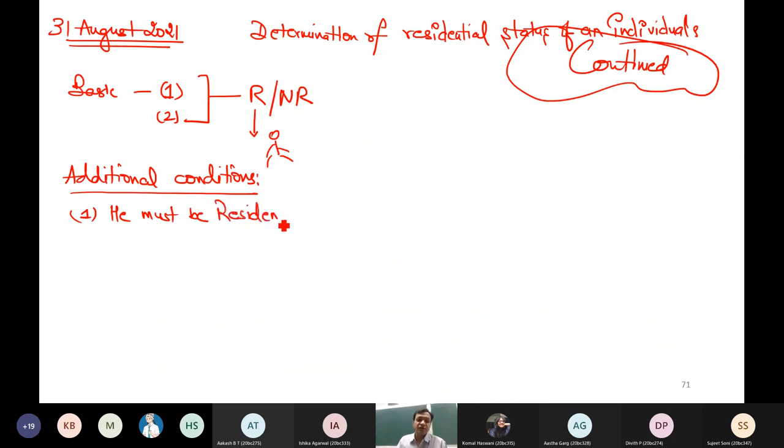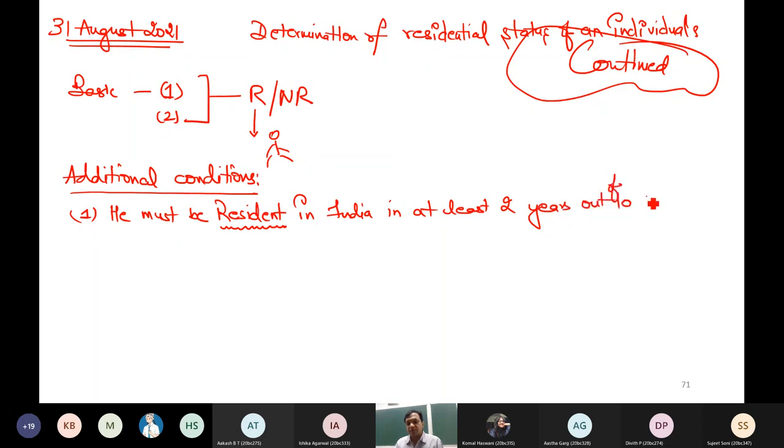There is a difference between the word present and resident. He must be resident in India in at least 2 years out of 10 years immediately preceding the relevant previous year.